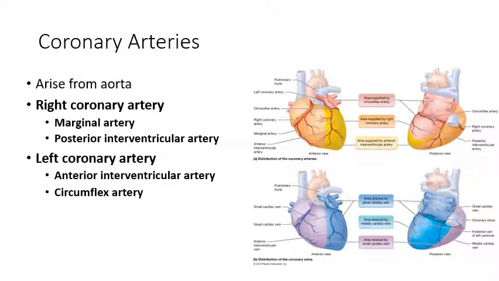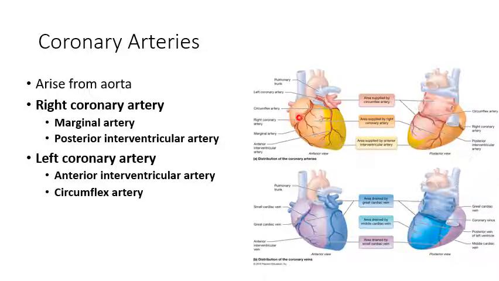So these are the largest, most common coronary arteries. They are all coming out of the aorta, right at the base of the aorta. It's actually hard to see where they emerge from the aorta because they're so right at the base of it. You have the right and the left coronary arteries. The left coronary artery comes out right here. The right coronary artery comes out right here and travels along the right side of the heart.